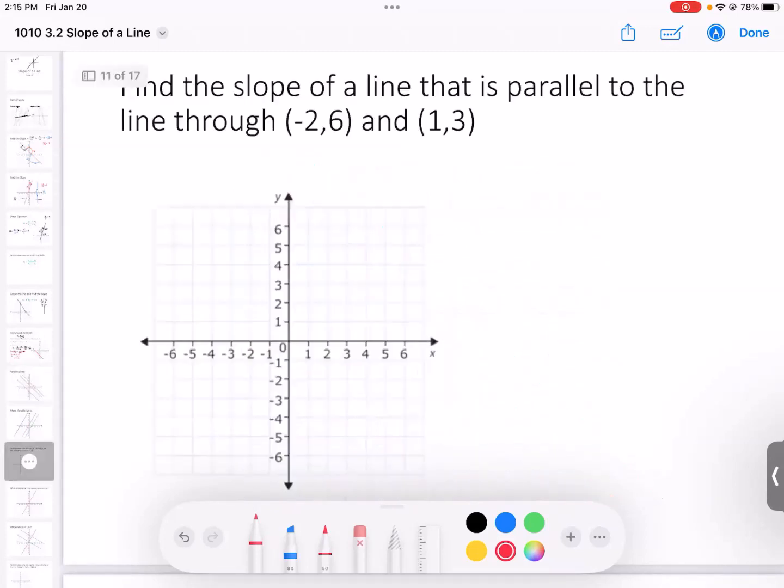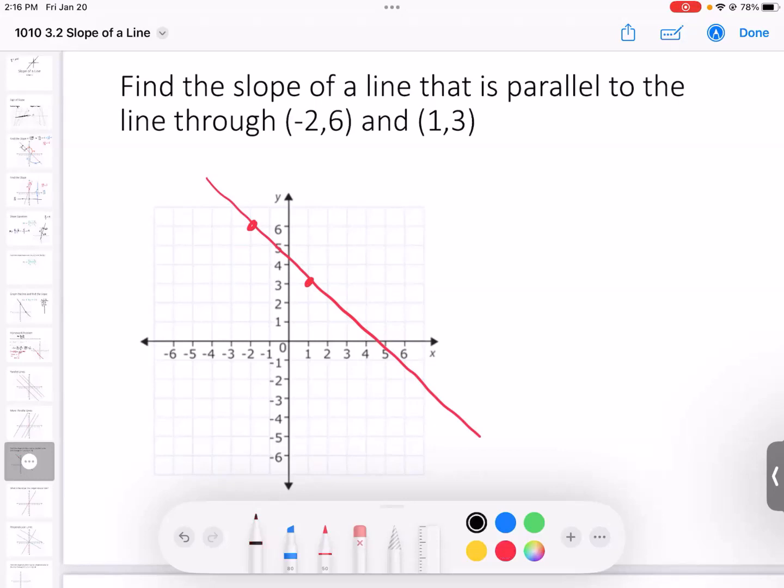So on your homework, you'll have a problem that looks like this, where it says find the slope of a line that is parallel to the line that goes through -2, 6 and 1, 3. So if I were to graph that line, -2, 6 is there, 1, 3 is here. So this is my original line that they gave me, and I need to find the slope of a line that's parallel to it.